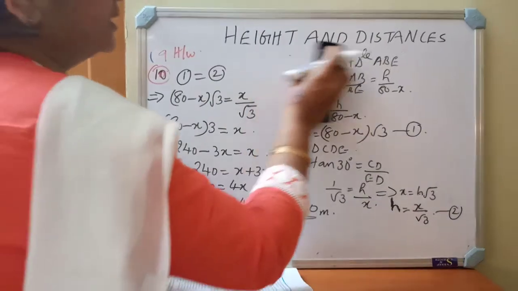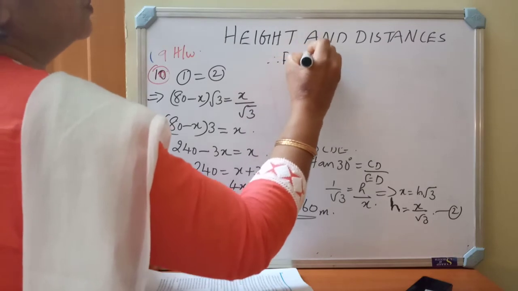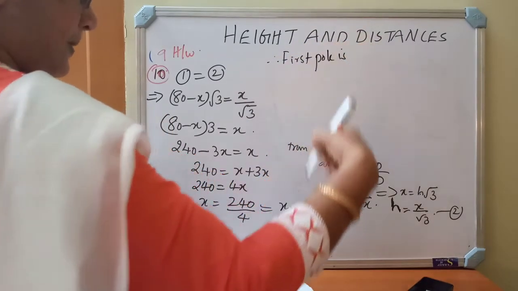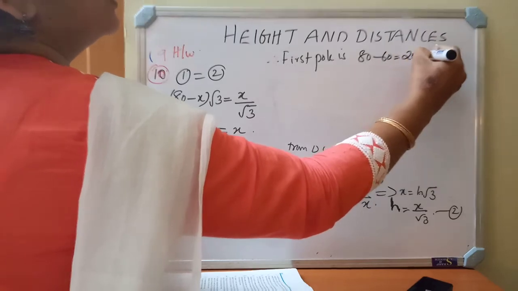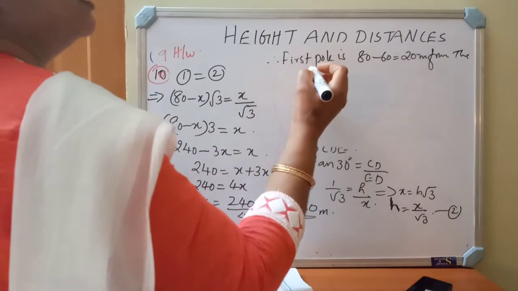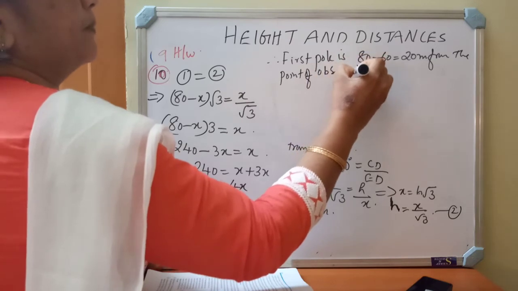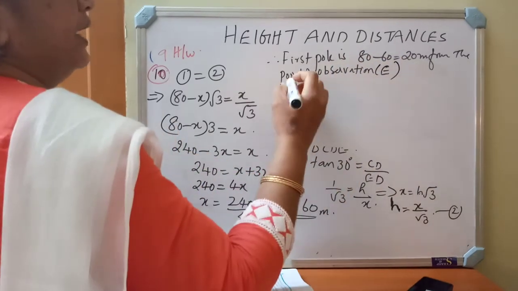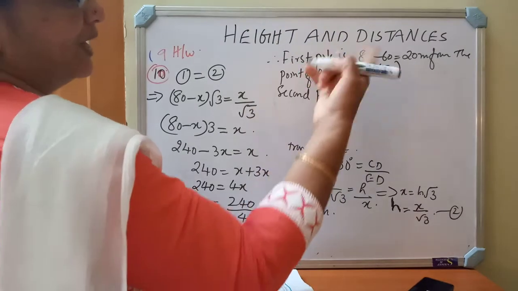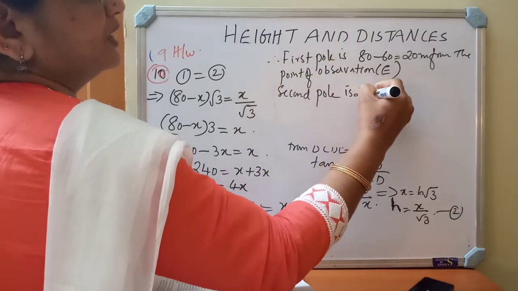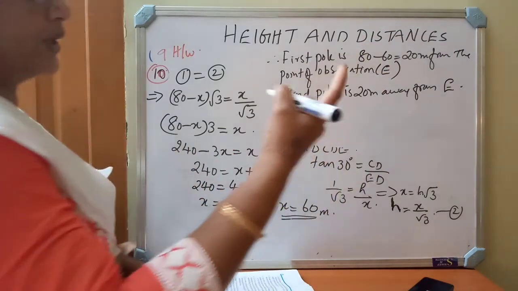Therefore the first pole is 80 minus 60, that is 20 meter from the point of observation, the point E, and the second pole is 60 meter away from E. So the first part of the question is over.